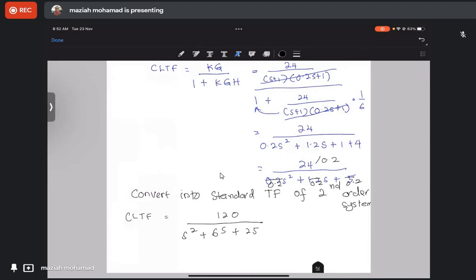Now it is in standard form, because here it's only 1 s square. So we can determine the value of zeta and omega n.